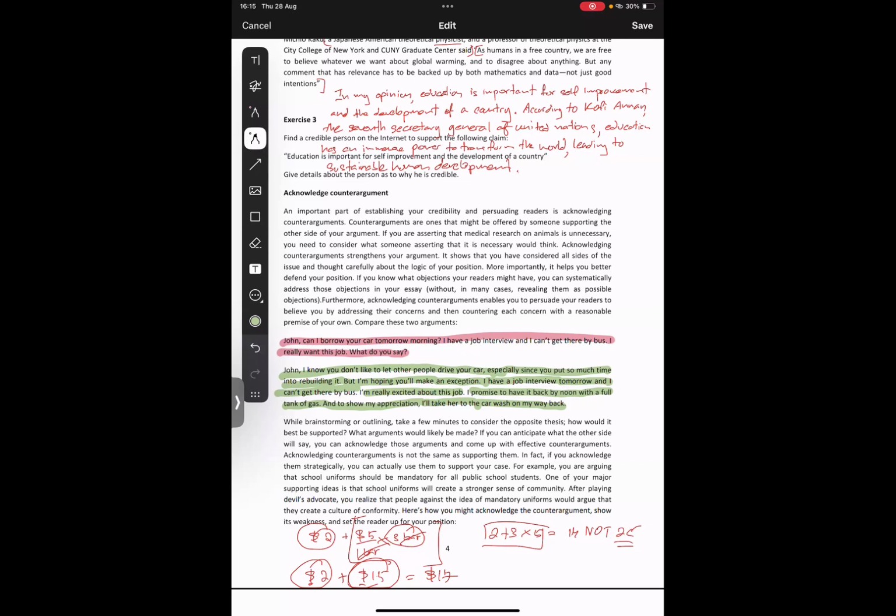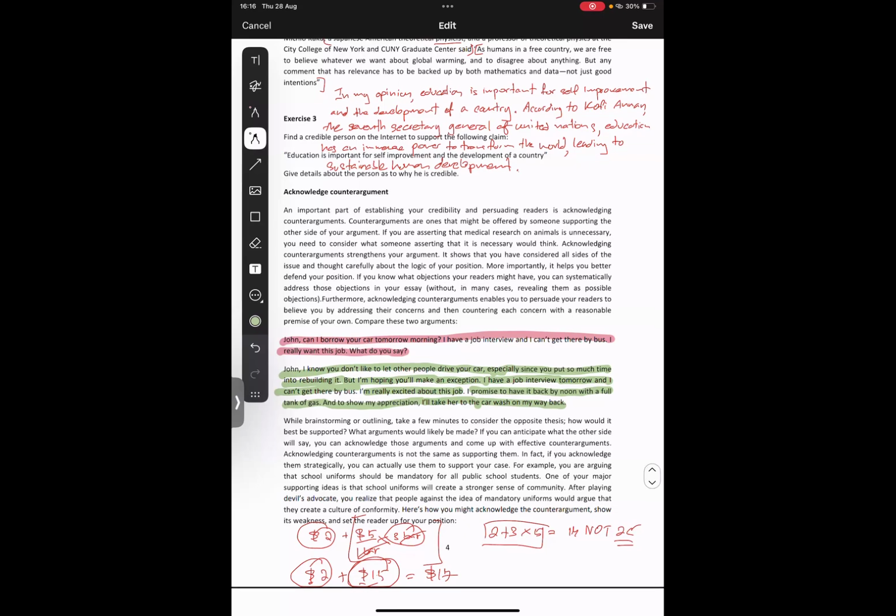It's not just saying, hey, I understand you like the car, but he shows that he truly gets it. He's going to wash it for him. Right? Action speaks louder than words. Okay, so John is going to be very happy to let the second guy borrow his car, right?